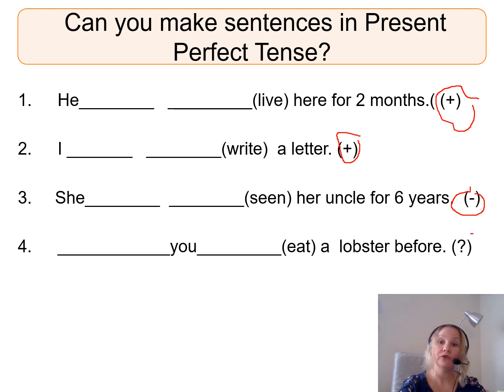And the last one, you're going to make a question. Okay, excellent. So, he lived here for 2 months. Pause the video, do it yourself, number 1, and then let's do it together.